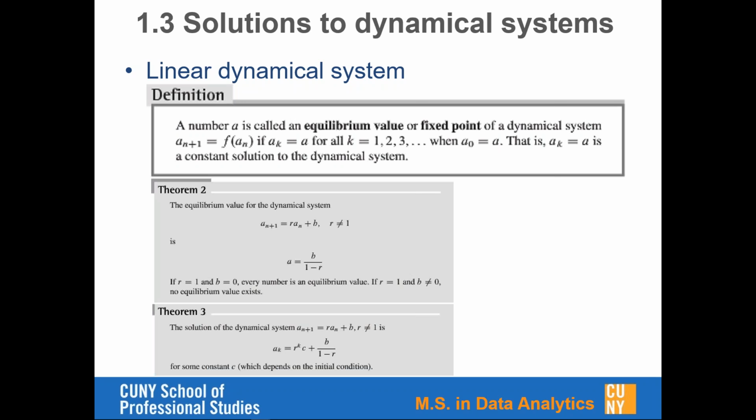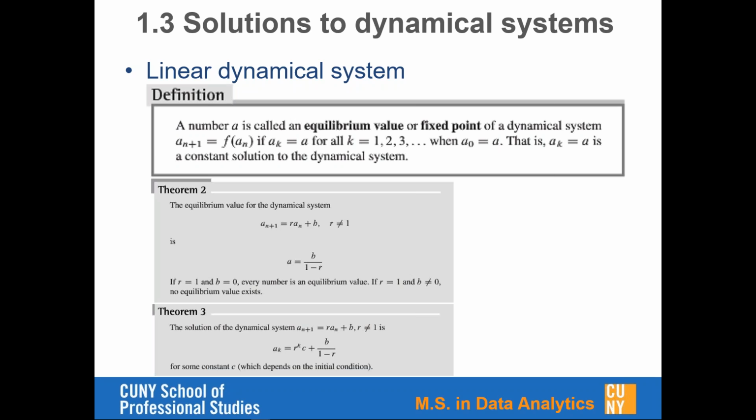And then if you look at theorem 3 here, the solution of this dynamic system is really a sub k equal to r to the power k times c plus b divided by 1 minus r, for some constant c. It really depends on the initial condition. So that gives you a high-level idea of what a linear system is.